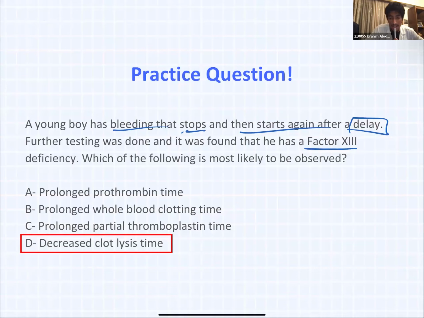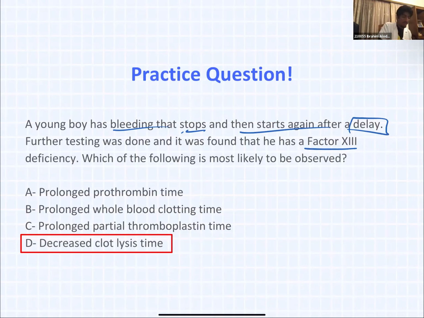Does anyone not understand it? Okay, thumbs up. Can you explain why it's not B? Prolonged whole blood clotting time. The reason why it's not B is because a prolonged whole blood clotting time means that it's taking a really long time for the blood to clot initially.